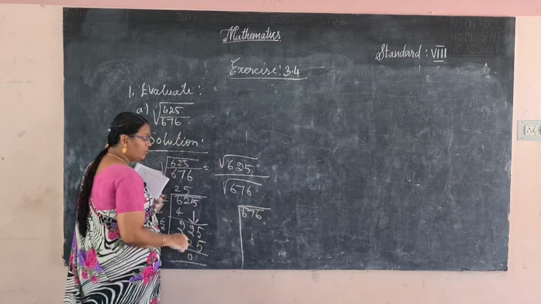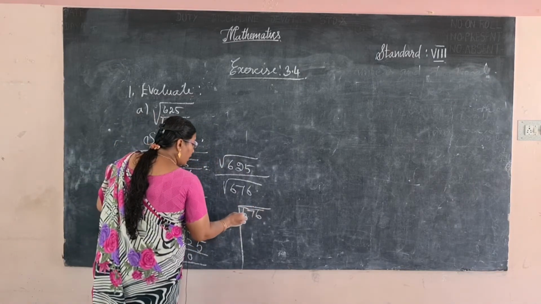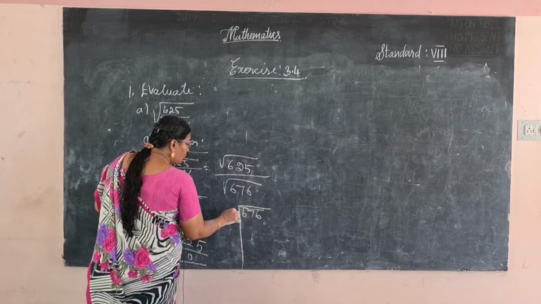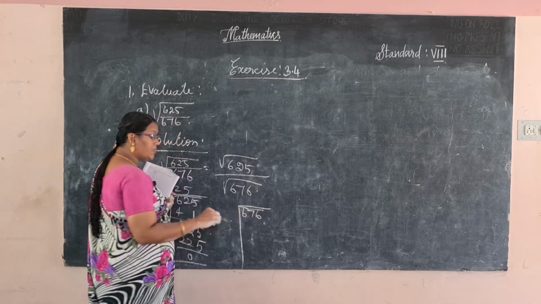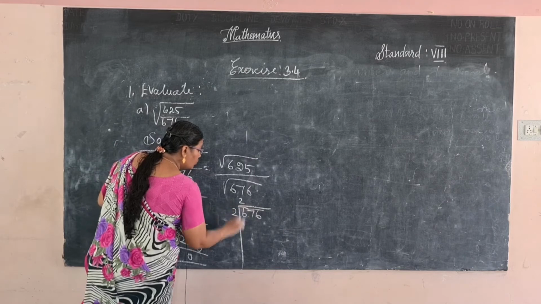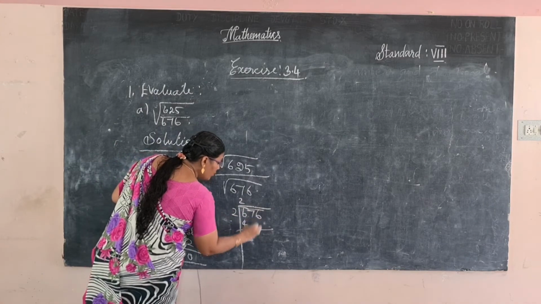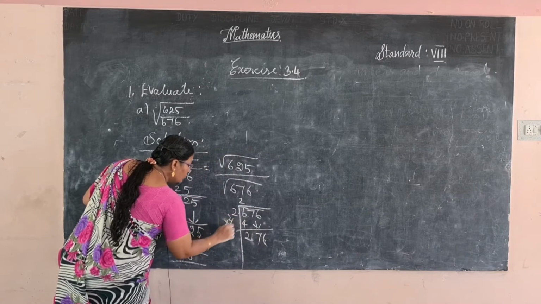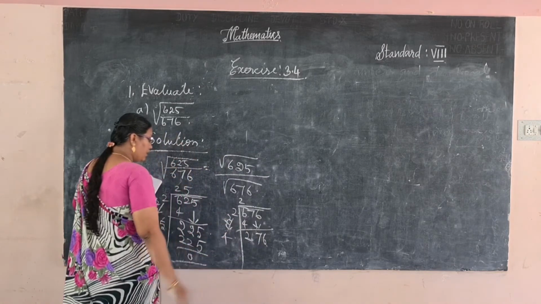It's divided into pairs. Okay, so how many squares are there in 6? 2. 3 means 3 3s are 9, so 2 2s are 4, remaining 2. Bring down the next 2 digits. Multiply the divisor by 2. 2 2s are 4. Which number to multiply?